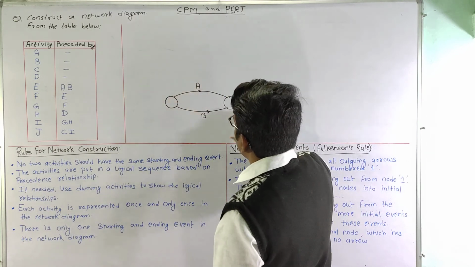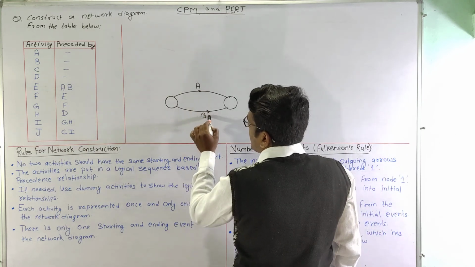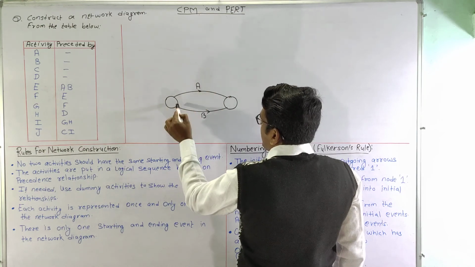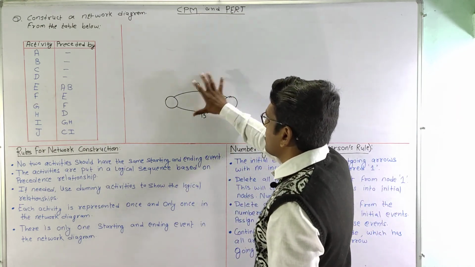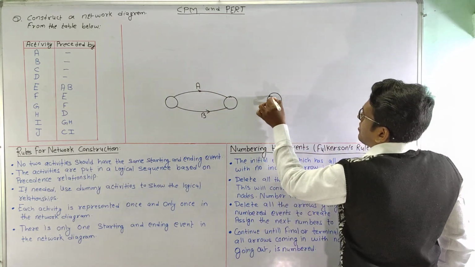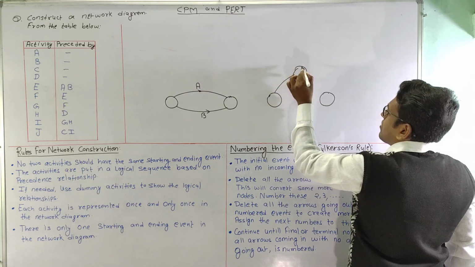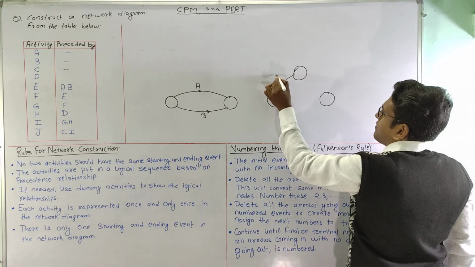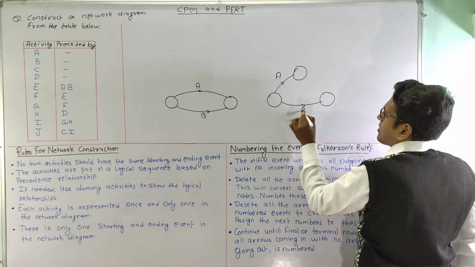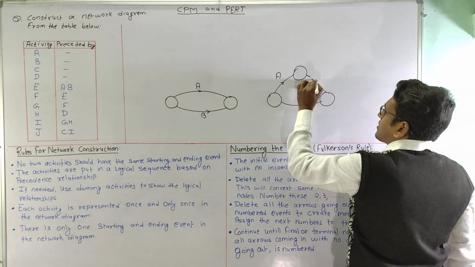So let us assume this situation again. If there are two activities where both have the same starting and ending point, then to avoid this situation we can use a dummy activity in this form: activity A or activity B, any one of the activities, and this is your dummy activity.